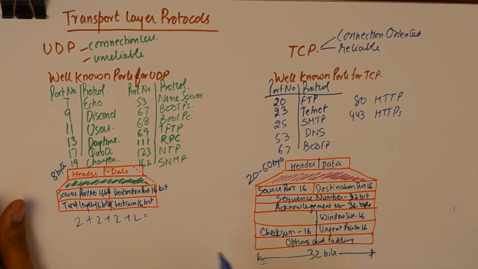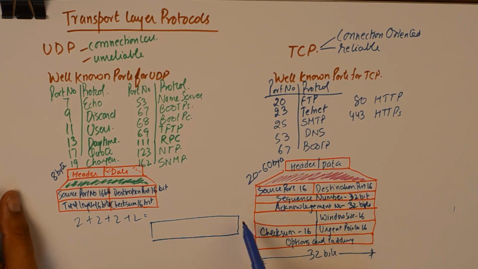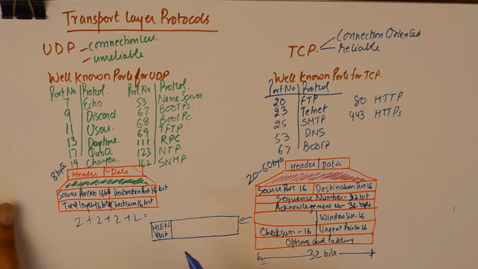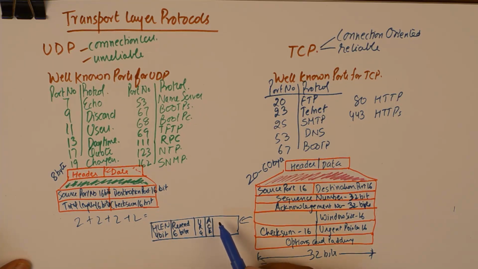And finally we have some control bits that I'll draw separately in a large block. So this small little block is magnified here. So this is header length, 4 bits, reserved, 6 bits, URG, ACK, PSH, RST, SYN, and FIN.